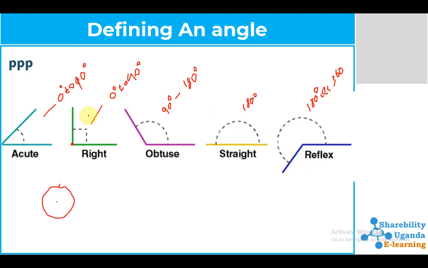When we have an angle that is in the form of a right angle, we shall equate that angle to 90 degrees for us to find the unknown. Also, when it comes to acute angles, you should be able to equate it to 90 degrees. So this circle, the whole of it, stands for 360 degrees.